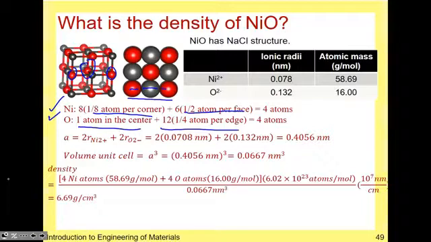Yes? I'm looking at the calculation, and that doesn't make sense because you're multiplying a cube 10 to the 7th times 10 to the 23rd. So how do you get 6.69? There is a cube that is cut off here.